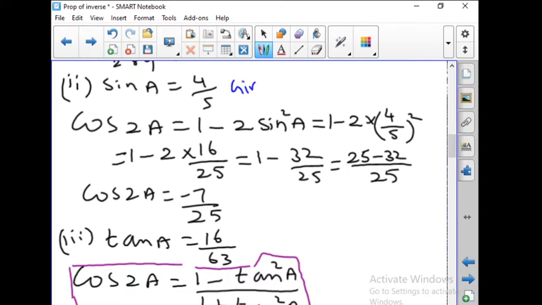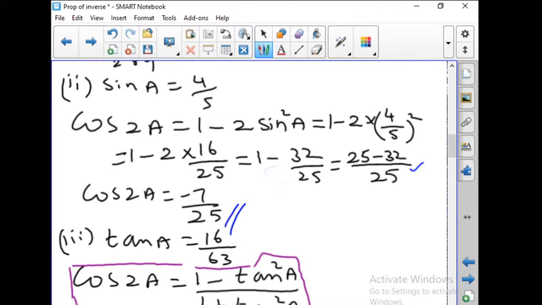Using sine, cos 2A is equal to 1 minus 2 sin square A. Substituting the value, 1 minus 2 into 4 by 5 the whole square, so 1 minus 2 into 16 by 25, that is 1 minus 32 by 25. Taking LCM as 25, 25 minus 32 by 25 gives you minus 7 by 25.